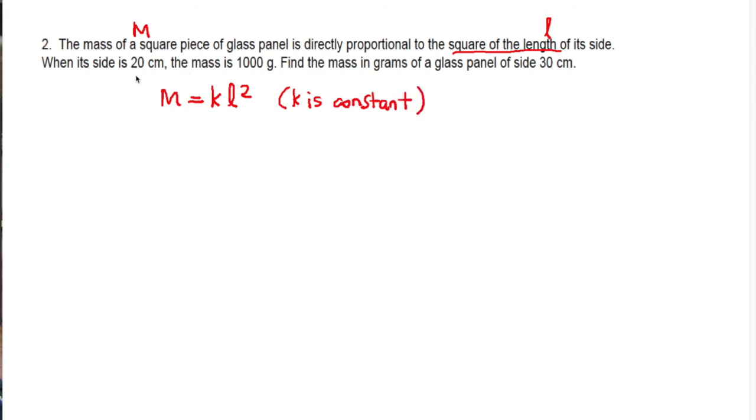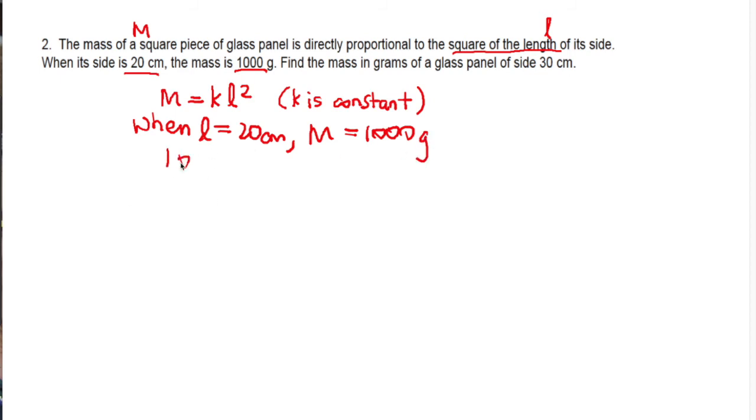Once again, we are given two values to determine the value of k. When the side L is 20 cm, then the mass m is equal to 1000 gram.